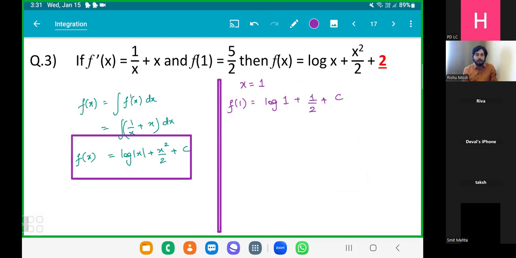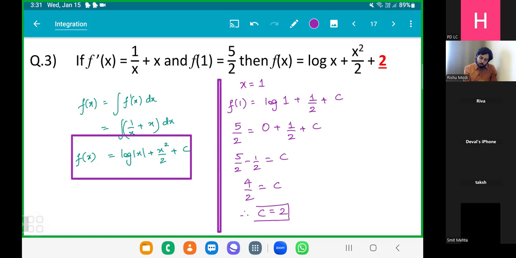The value given of f of 1 in the question is 5 by 2. Log 1 is always 0. 5 by 2 minus 1 by 2 will give you 4 by 2. So therefore, the value of c comes as 2. So my final answer of f of x will be plus 2 at the end.